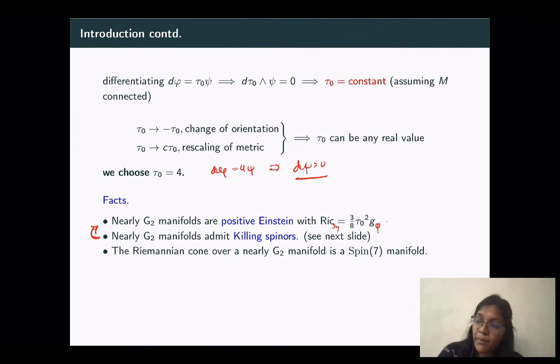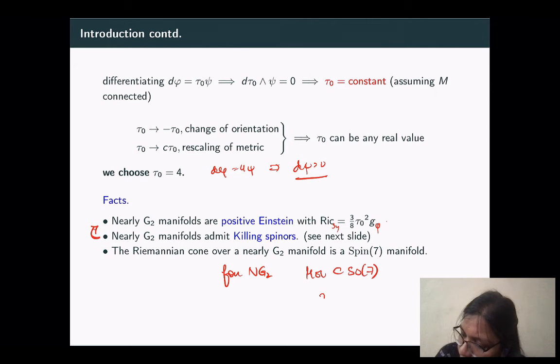Just a reminder, I will abbreviate nearly G2 as NG2. For nearly G2, the holonomy is inside SO7 and not G2. So these are not holonomy G2 manifolds, only the torsion-free ones are. But the cone over a nearly G2 manifold is actually a Spin(7) manifold.